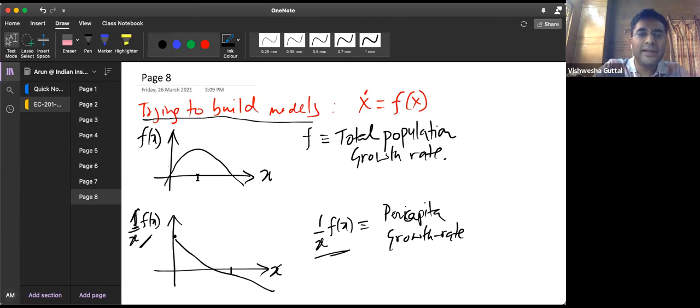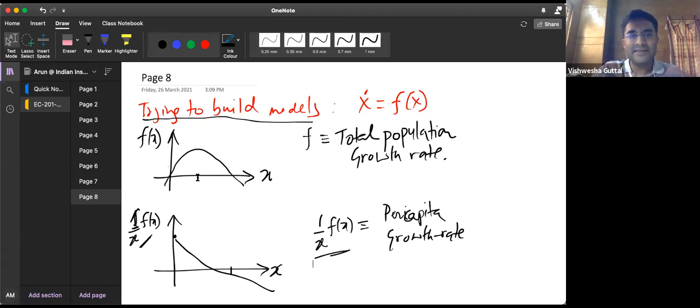You should try to think how both of these graphs look, and then plot the graph, and then come up with a mathematical function that represents that graph, and then you write down the equation. Is that fine? So all of you understand the difference between these two, per capita growth rate and the total population growth rate. This is really, really important. This really helps us write down the mathematical models.